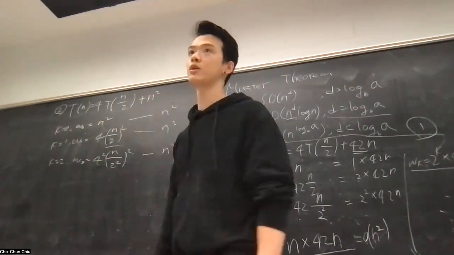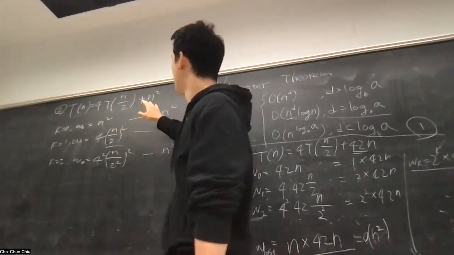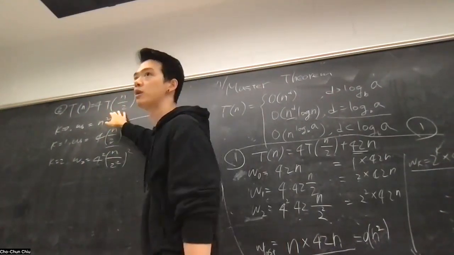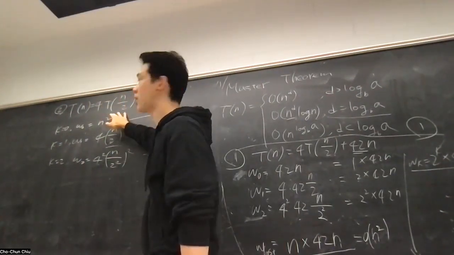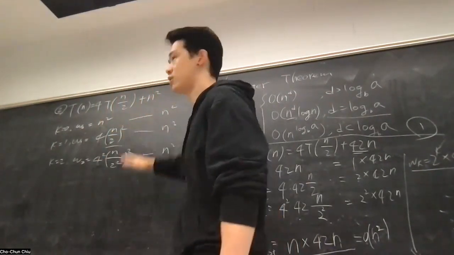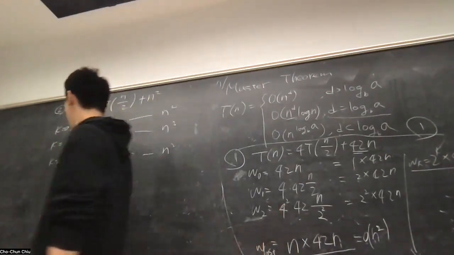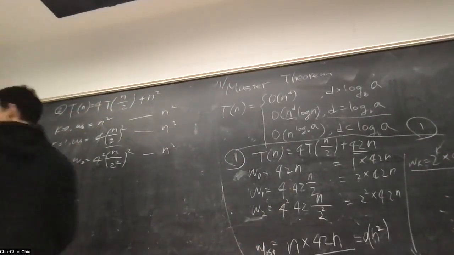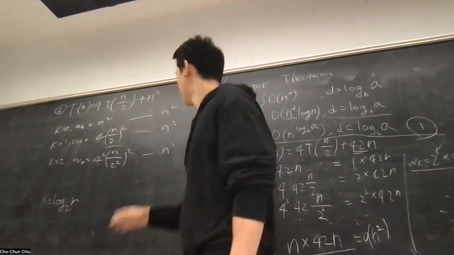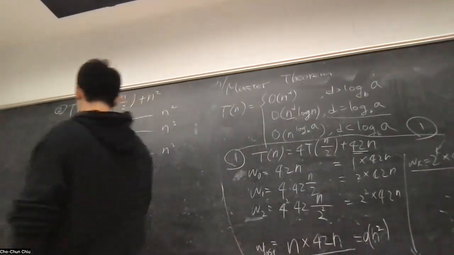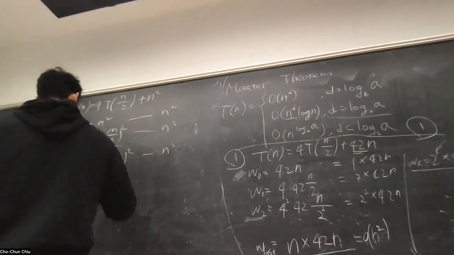And then eventually we're going to sum up, right? Because we solve this and that's not done yet. We still need to solve problems. And for each subproblem, we have layers of problems. So that's going to be multiple layers until k is equal to log 2 of n, right? So yeah, we have n squared, n squared, n squared. How about the last layer?